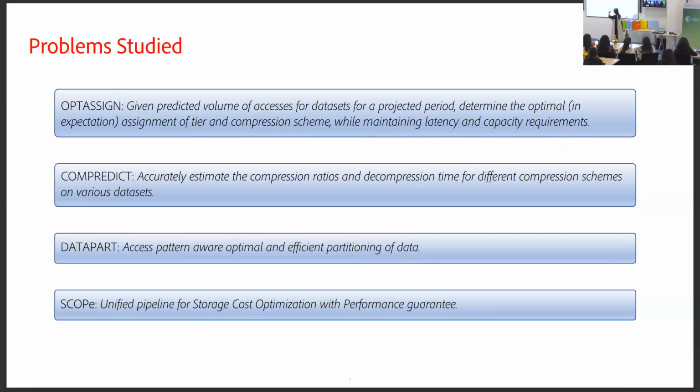To solve the first one, we first need to know how the compression algorithms will behave on each type of data. So the second problem is trying to predict or estimate the compression ratio as well as the decompression time that each compression algorithm will take on different types of data.